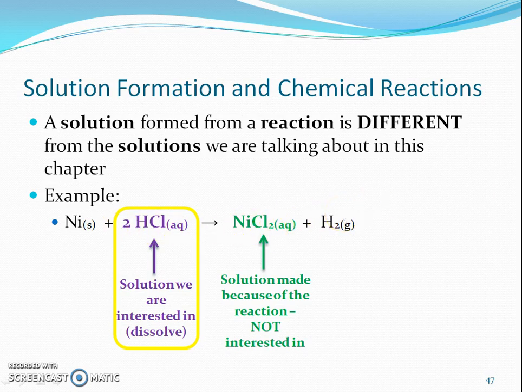Like your double replacement reactions that we did back in chapter 4, your net ionics. That's not really the solutions that we're talking about. We're really interested in the solutions that we would use, let's say, in that reaction, the HCl aqueous solution, not necessarily the product. So just keep that in mind, because some students in the past have gotten confused on that.